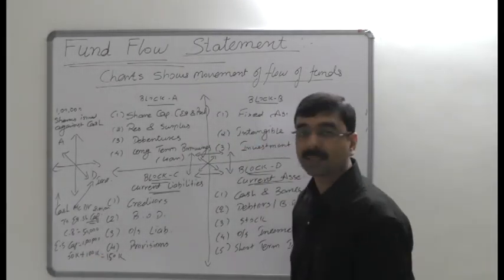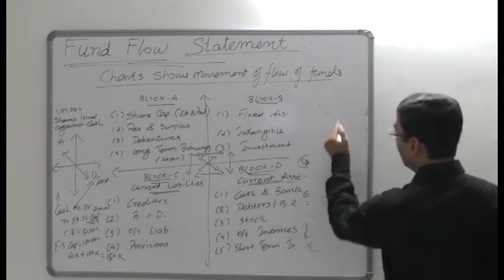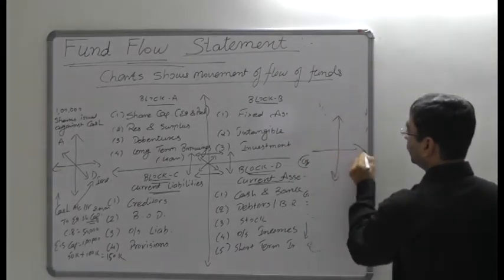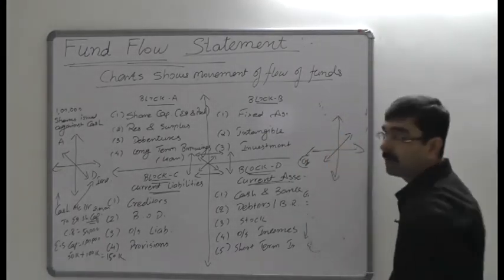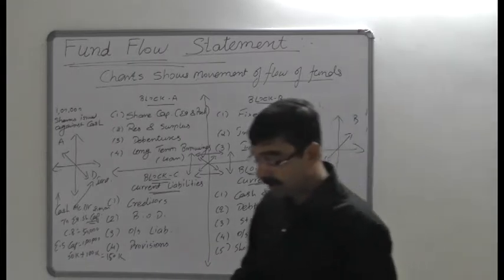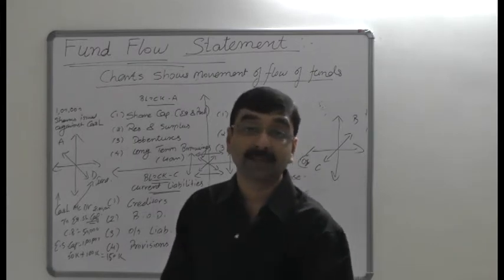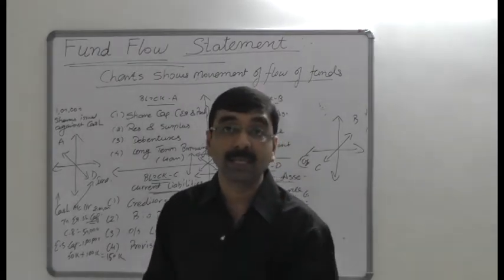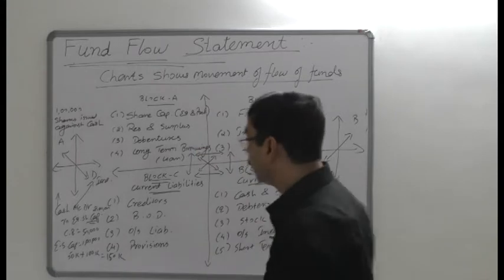See the same type of transactions in the other cross block. Suppose the company purchases fixed assets on a credit transaction. That means the company purchases a machinery on credit. So what would be the transaction?